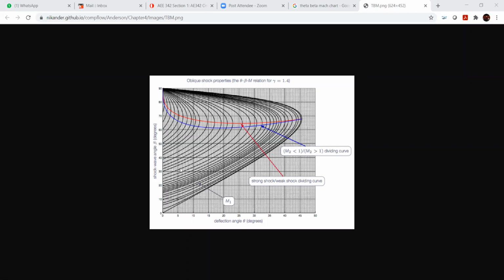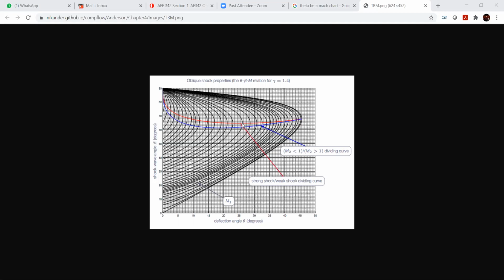As you keep increasing your ramp angle, your theta, the shock wave angle also increases to higher and higher angles. And at some point, at this theta value, which is a little bit over 25 degrees in this chart, maybe 26 to 27 degrees, the curve starts turning back.